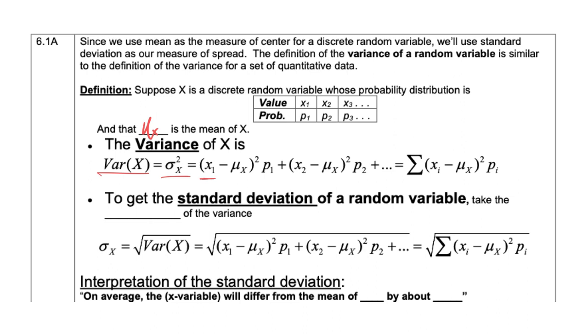You find the first outcome minus the expected outcome, and then you square that, and then you multiply by that probability. So these two things are going together, okay? And you continue, and you sum this up, and here's your sigma notation for that. Then to get the standard deviation of a random variable, you take the square root.